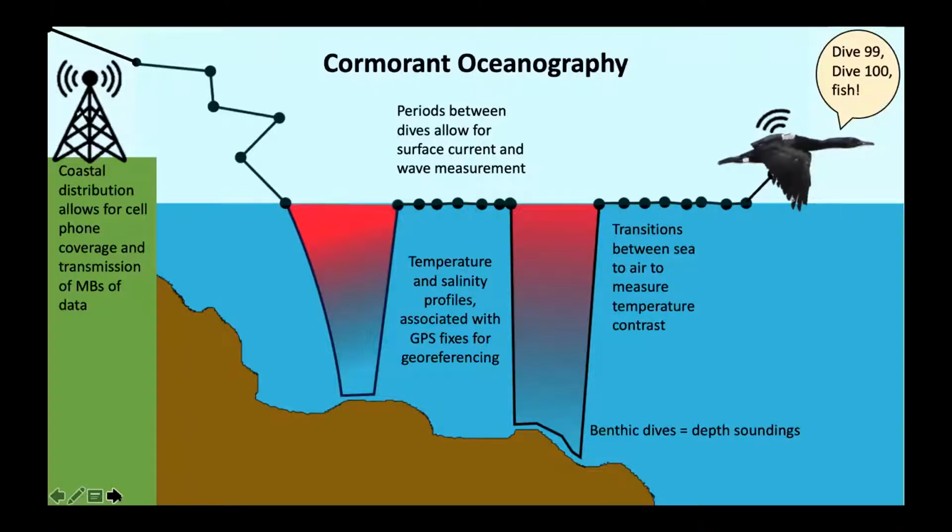When a bird dives, it can measure the temperature and salinity, and the rest periods in between the dives are really important. During those times, we can measure surface currents and waves, and hopefully eventually the air-sea temperature contrast.